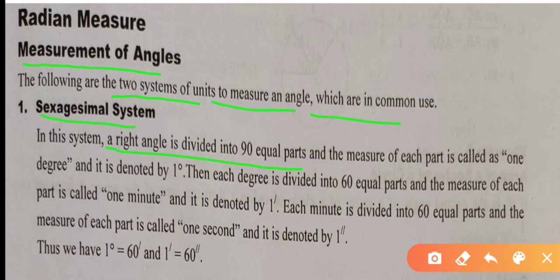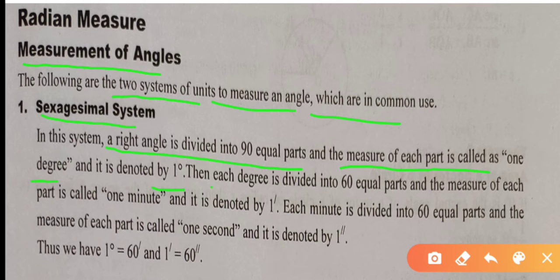A right angle is divided into 90 equal parts, and the measure of each part is called 1 degree. Each part is called 1 degree, and it is denoted by 1 to the power small 0, that is, 1 degree.